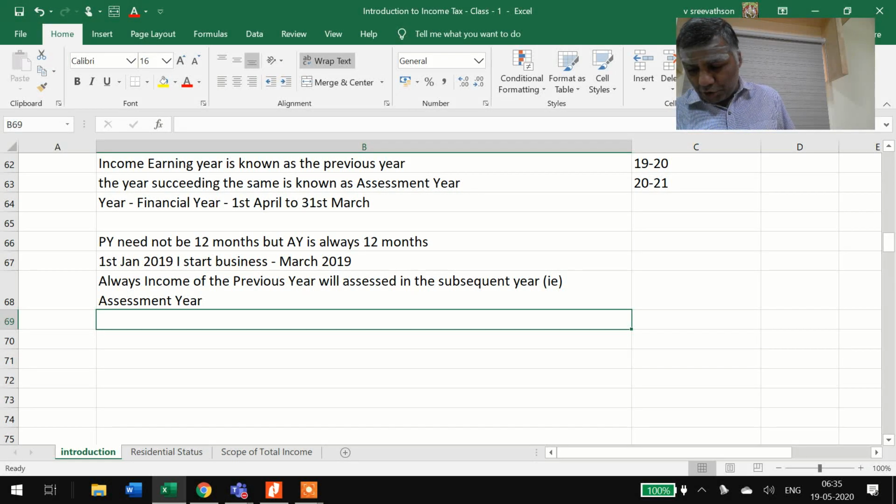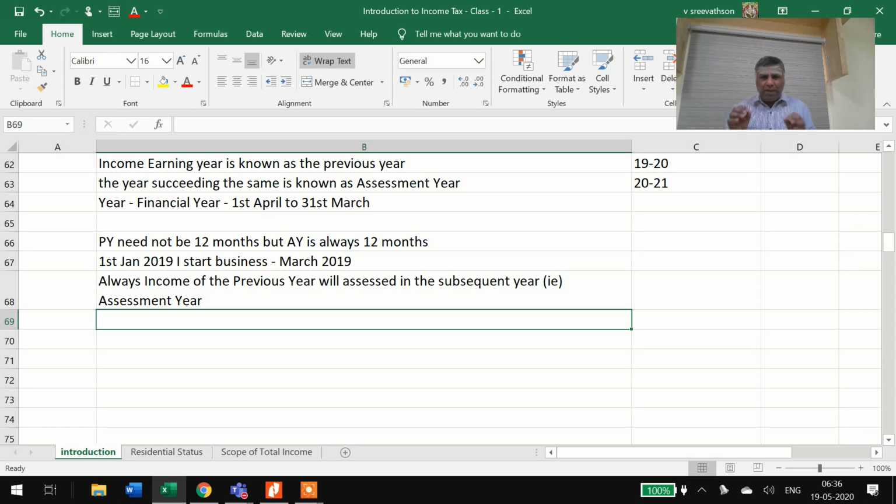But as I told you, only if the year is getting over will they know what is the income earned by a person. Unless that is done, you cannot. So always income of the previous year will be assessed in the subsequent year, that is known as the assessment year.